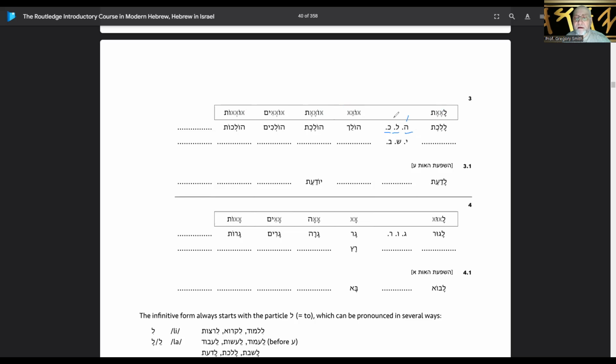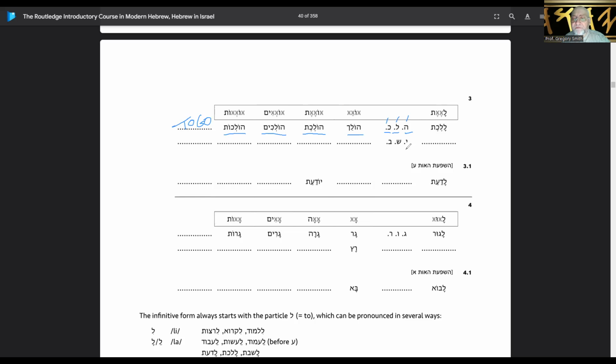You've got a hey, a lamed, and a kaf. And then if you were to say he is going, it would be holech. She is going, holechet. We are going, holechim. And then they, as in feminine plural, simply all girls or women, holechot. And then so this would be like to go.